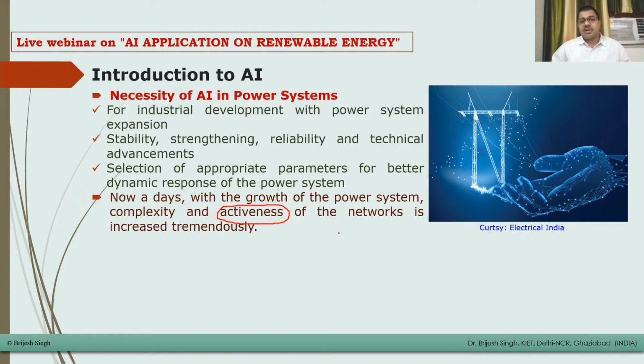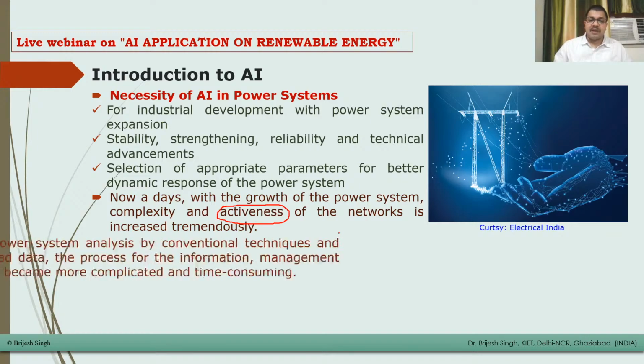These systems are considered non-linear loads, and their behavior is not stationary, they are very dynamic systems. When you connect a dynamic load with the system, your network will also be affected. That's why the activeness of the network has increased tremendously.